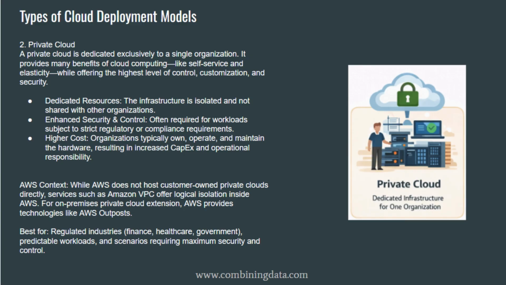In the AWS context, AWS does not run traditional customer-owned private clouds inside its data centers. However, AWS does provide ways to achieve private cloud-like environments. For example, Amazon VPC gives customers logical isolation within the AWS public cloud, allowing you to design private networks with full control over IP ranges, routing, and security.